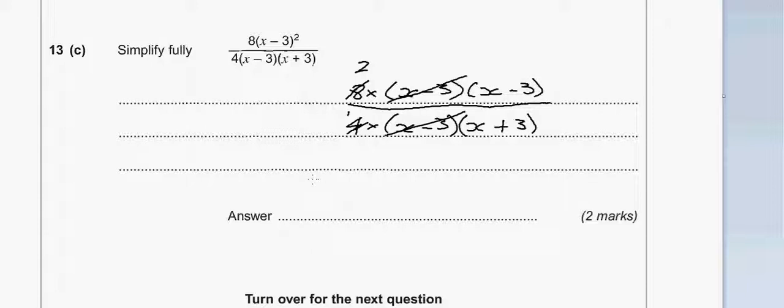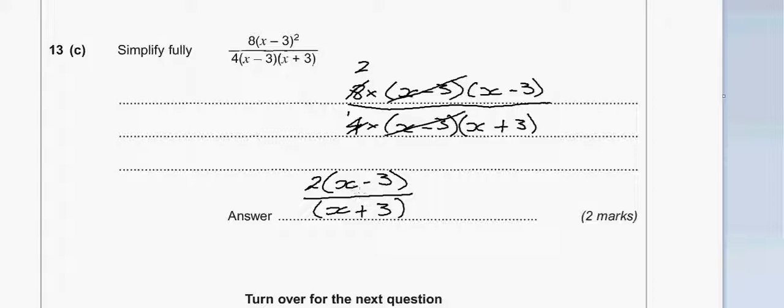So I'd have 2 times x minus 3 all over x plus 3. And if you want, you can leave it in brackets, that's okay. But we can't do anything more with that. We could expand the brackets, I suppose.